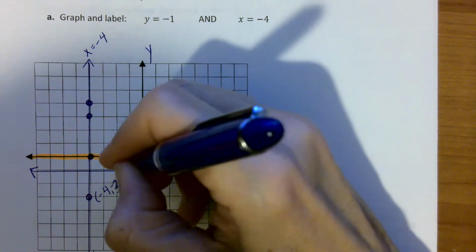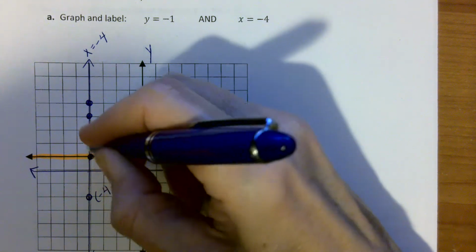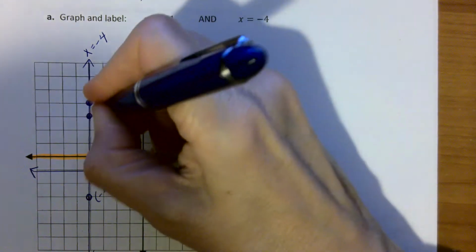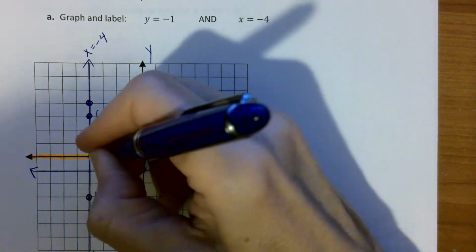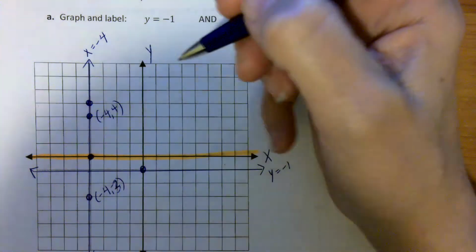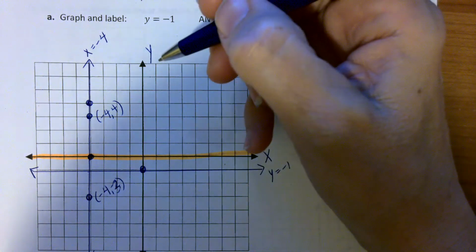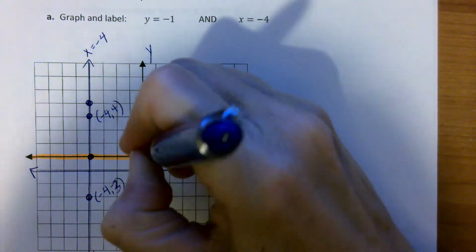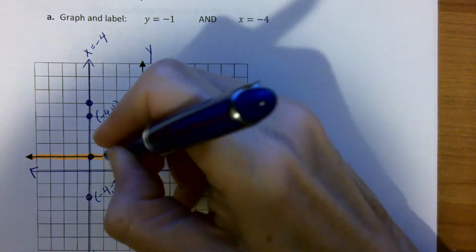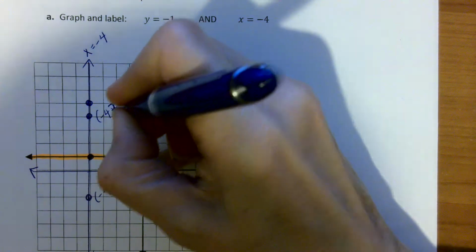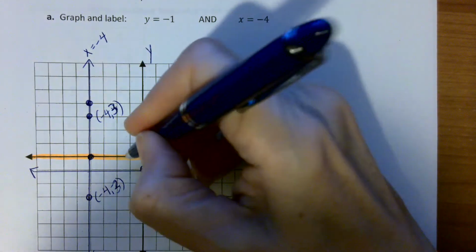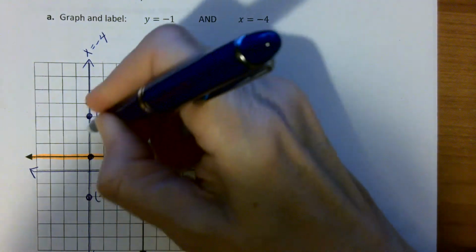This one is negative 4 and 1, 2, 3, 4, positive 4. And this last one is negative 4. I did it again. I am sorry. Starting at the origin. 1, 2, 3, negative 4, and we went up 3. To get to this one, negative 4, and we go up 4.